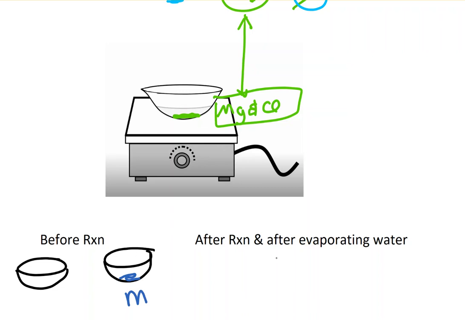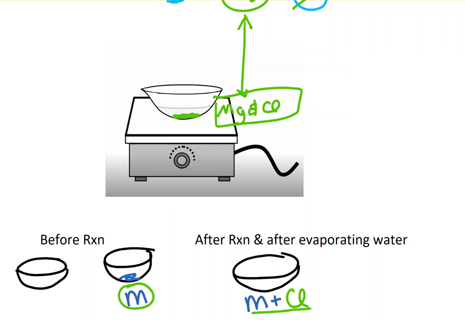After the reaction, you'll have the mass of the dish and the metal and the chlorine. Of course, these two will be in a compound, but it doesn't matter. This mass of metal is the same as it is there. So at the end, when you weigh the whole thing, you'll have the metal, which you know its mass, and you can figure out the rest is the chlorine after the container.